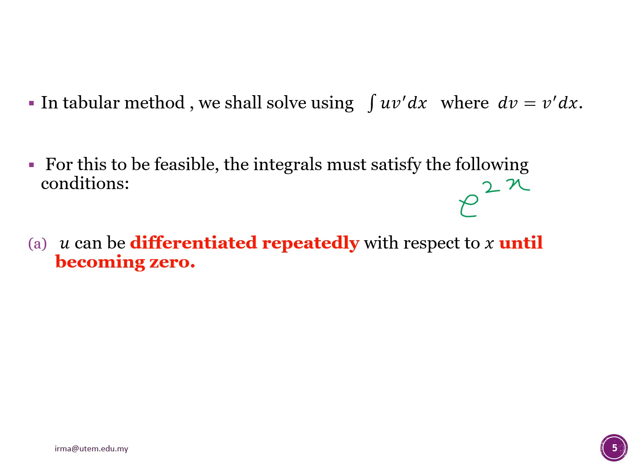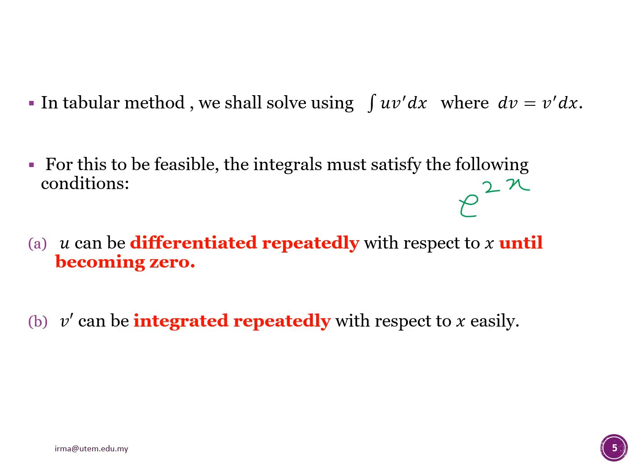So normally we don't choose e^(2x) as u. And v prime can be integrated repeatedly with respect to x easily. So normally we choose functions to integrate that can be integrated easily.